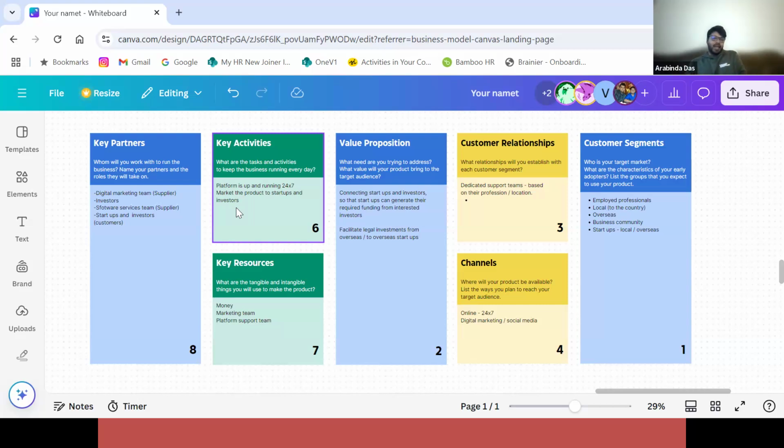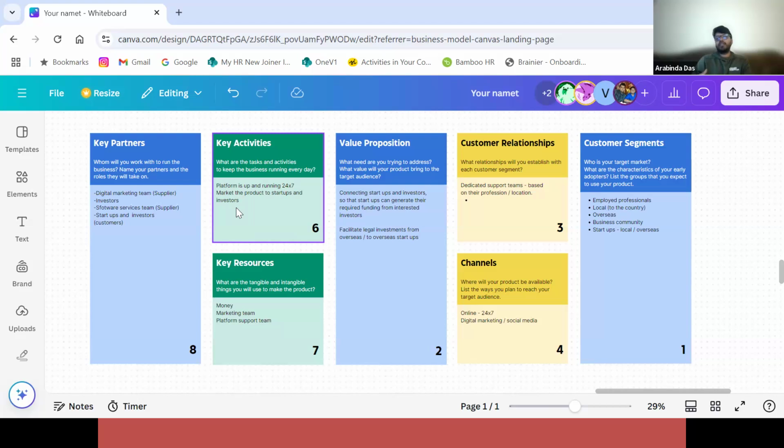So it is fine that you have written it as a statement, but my feedback would be to try to put that in maybe 2-3 words rather than a statement in key activities and key resources. Customer segments and value proposition are absolutely fine.